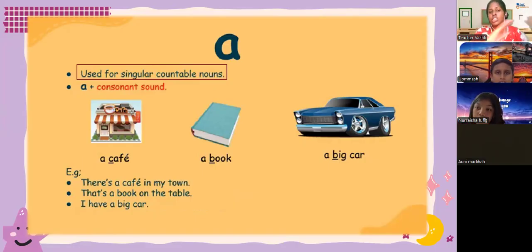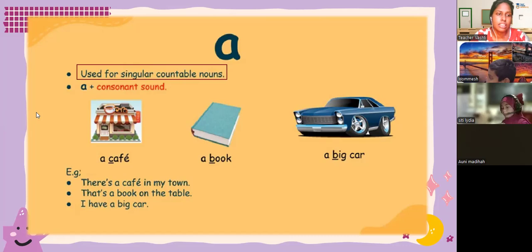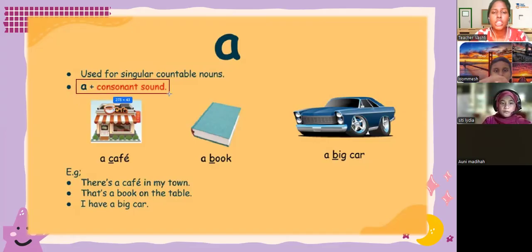Yang ni semua tak perlu salin. Cikgu akan bagi nota kecil nanti. Then you can salin. You understand? Do not copy. Listen. Listening is enough. Now, when do you use a? As Omish said, a you use for consonant sound other than vowel. Selain daripada A, E, I, O, U.